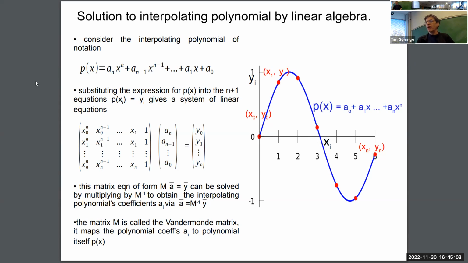One way you can find this polynomial is if you write this relation here, this polynomial here, out for each of the data points. The way I've written the polynomial here, x is a continuous variable, and p of x is the function that's passing through the data points. But I could write this equation out for each of the data points in my plot over here on the right-hand side.